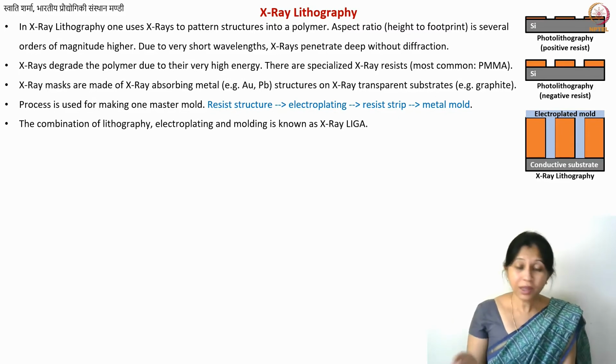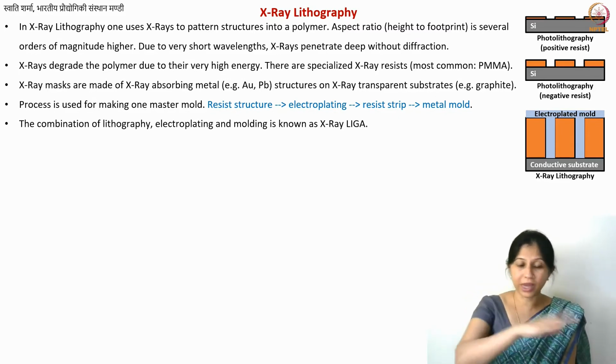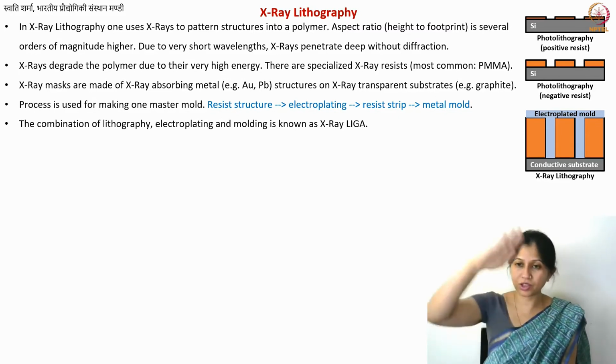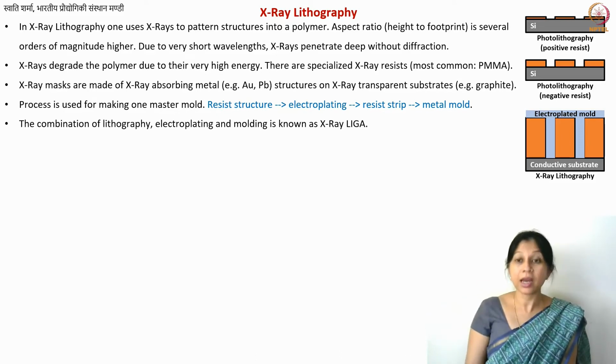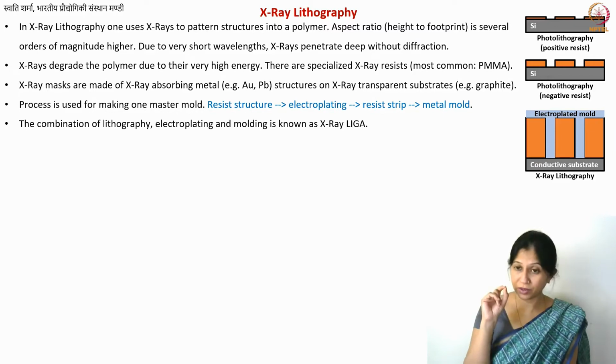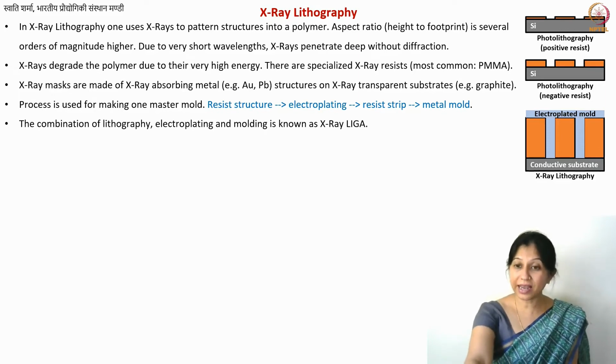Now this mold can be used for making the same structure in another polymer. Just press it, and that's how you make it. This entire process, where you first do the X-ray lithography, then perform electroplating, and then use that mold for making further structures, is known as X-ray LIGA.